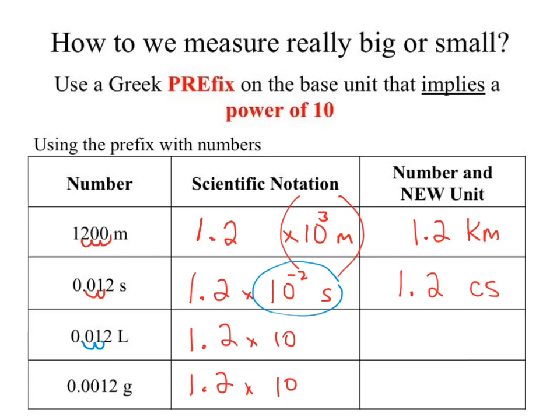Next one, 1.2, again -2, sorry for the change in color. 1.2 centiliters. Last one, 1.2, -3, already forgot the unit, grams. 10 to the -3 is milli, you get 1.2 milligrams. So we can drop in those kind of conversions kind of nicely based off of those powers of 10.